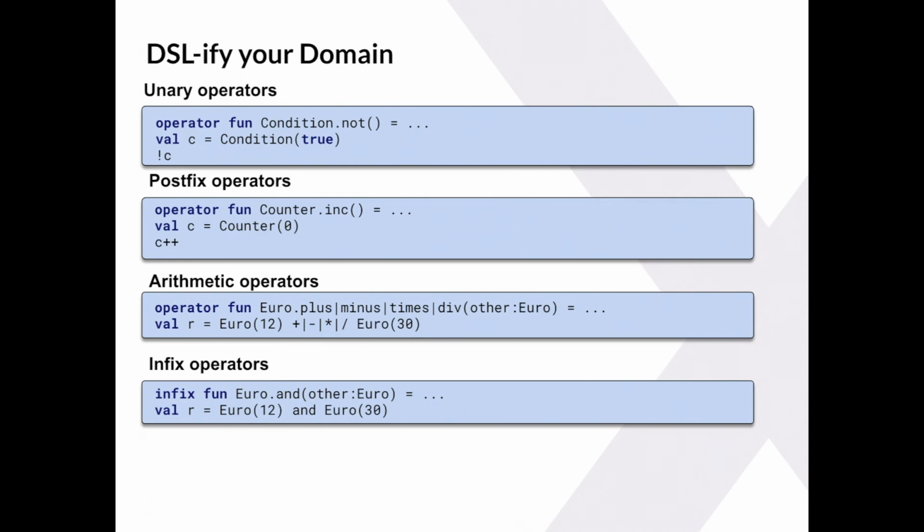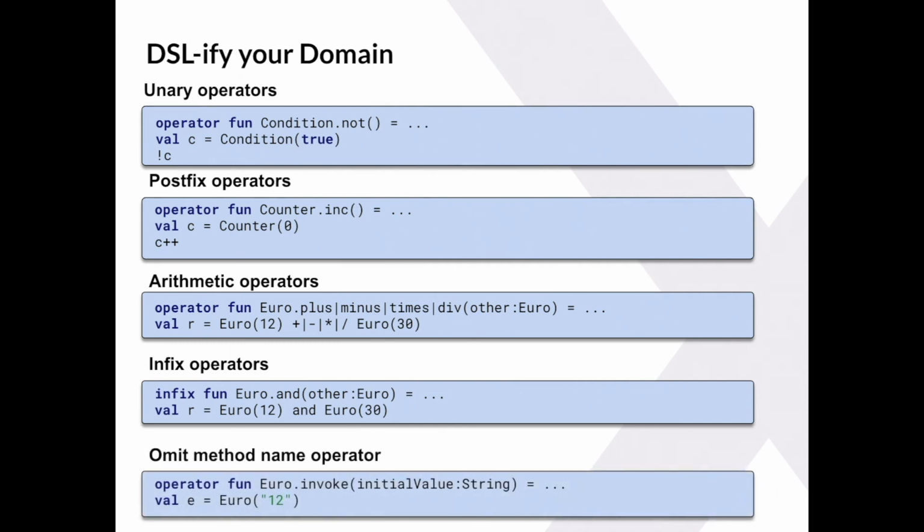It allows you to omit the dot and the parentheses of a method, and it requires exactly one argument. That's how you can say euro and euro. In testing DSLs, that's heavily used, where you could say should be or should contain that and this, and you can write it as if it's more natural language. Very simple. And we, of course, talked about invoke.